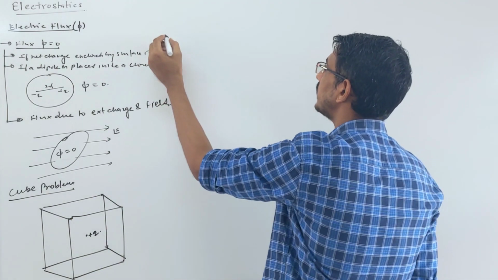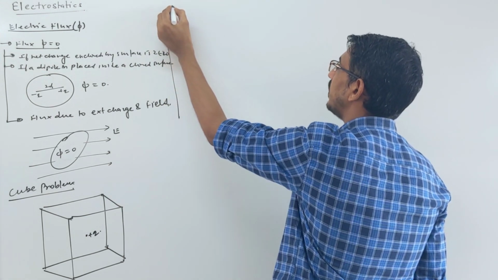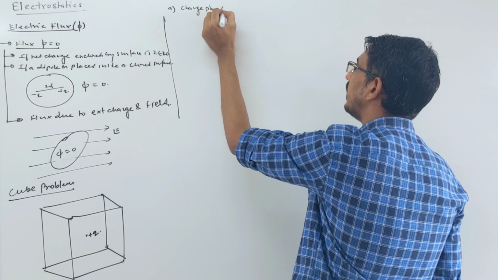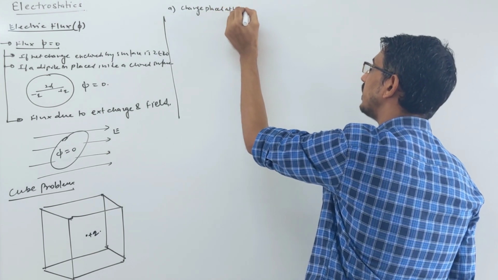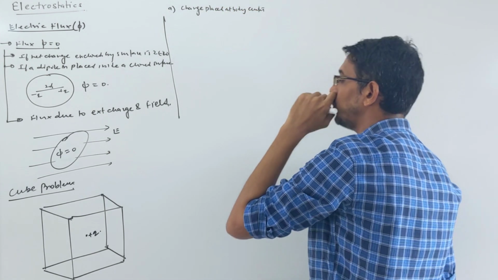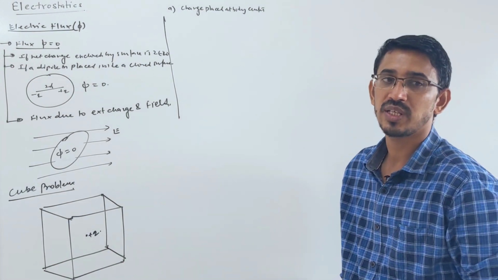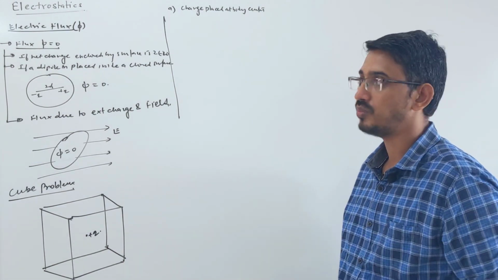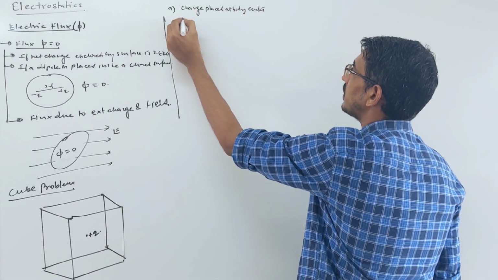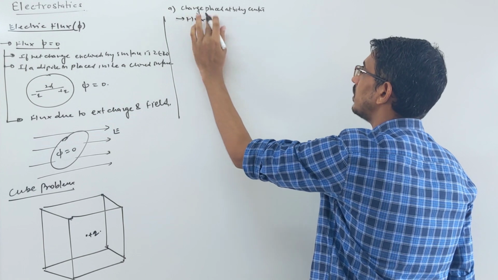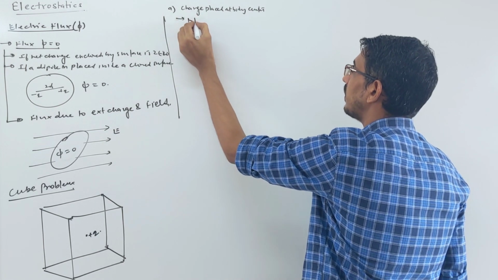Now suppose in case 1 we talk about a charge placed at the body center. You put your charge at the body center, correct. Then they will ask you, what is the net flux coming through the whole cube?